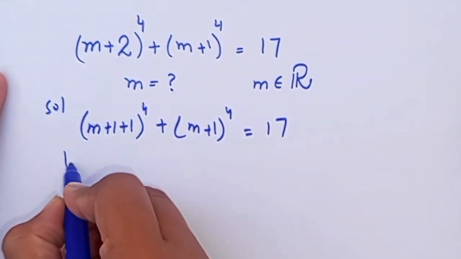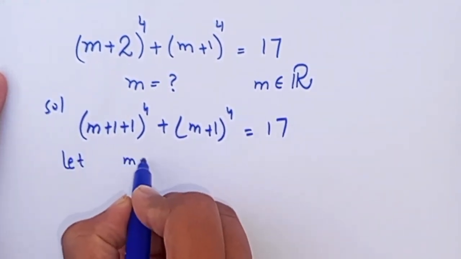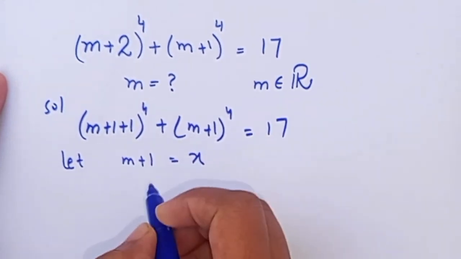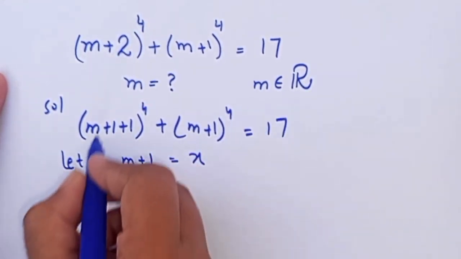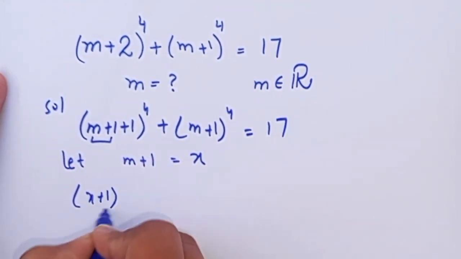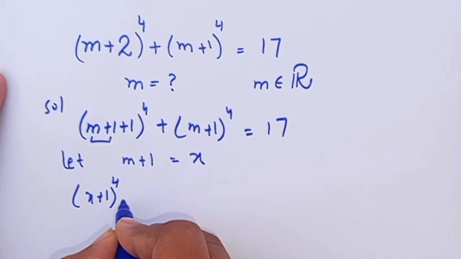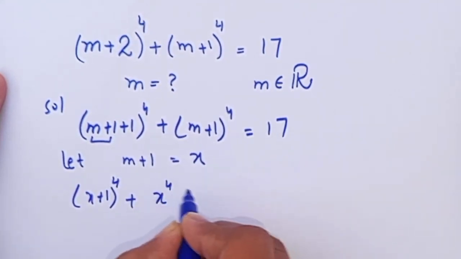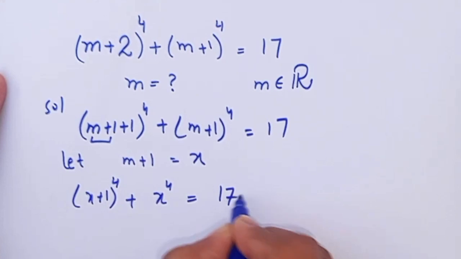So let m + 1 equal x. Then the above equation will become (x + 1)^4 + x^4 = 17.